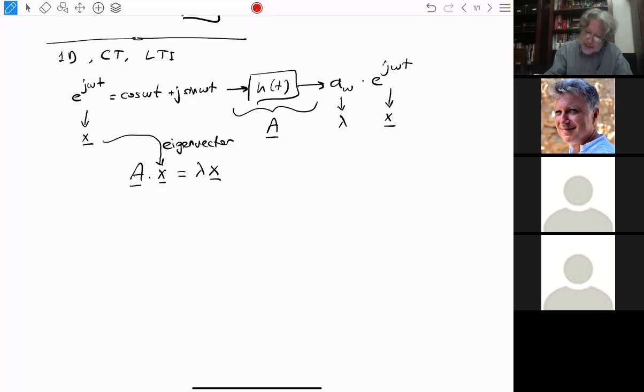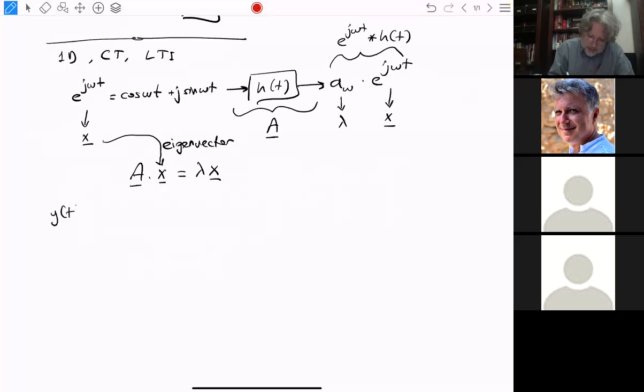Because we know that the output here is actually e to the j omega t convolution with h of t, because of this linear and time invariant system. So let's write the convolution.